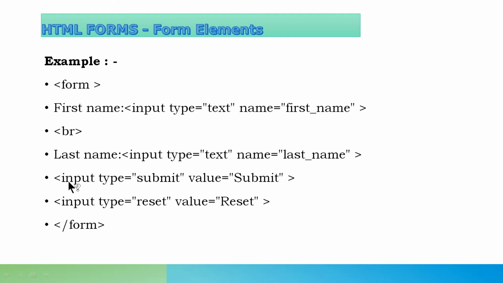Then comes the buttons, that is submit and reset. Input type is equal to submit. The value has to be written properly because the same thing will appear on the web page. Next again comes the input tag, type as reset, value reset, and later we have the closing of the form.